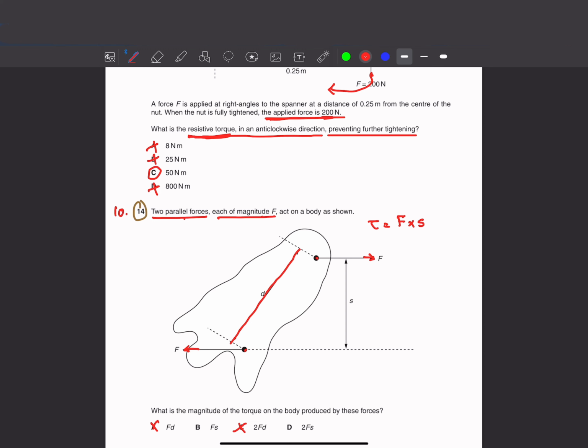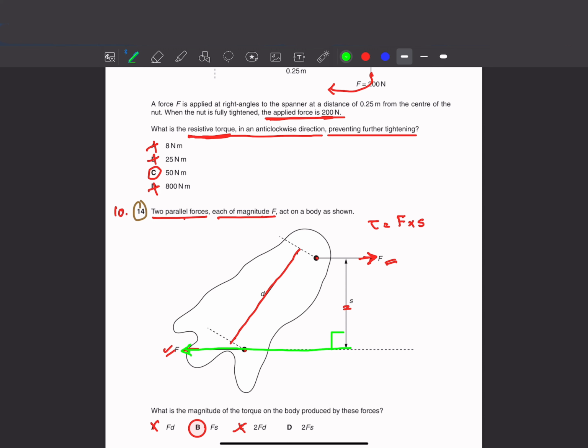Over here 2FS, again as I said, both of these forces we need not consider, only one of the forces, multiplied by the perpendicular distance. So if this force is F, and the perpendicular distance is S, then the option is nothing but FS. Same is the case here. If you consider this force, and you can say that this is the perpendicular distance, and I have already explained these things in the theory part.